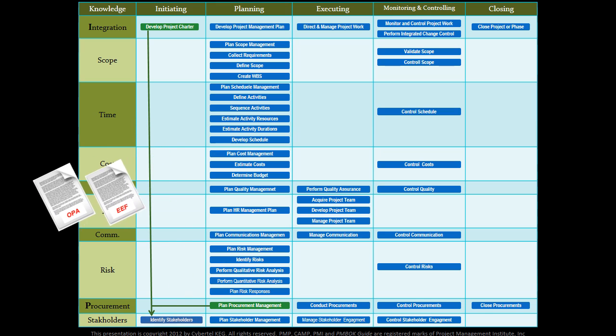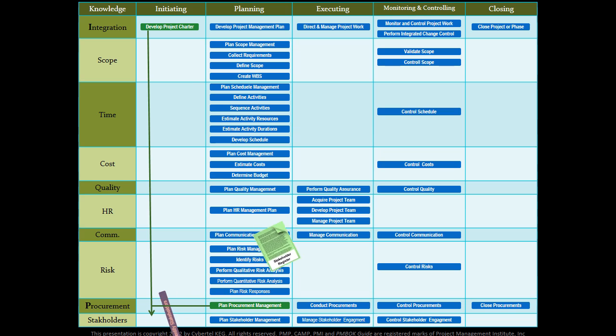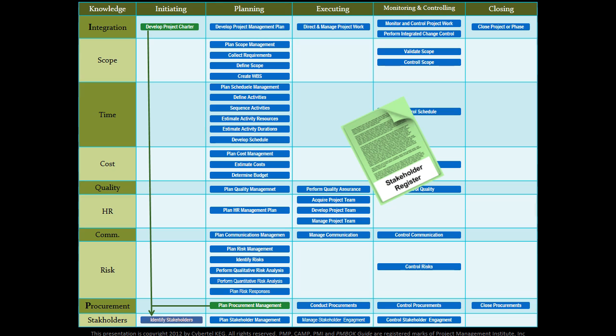The third and fourth inputs were the enterprise environmental factors and organization process assets. After performing the tools and technique, we came out with the stakeholder register, which will be needed as an input to the following processes.